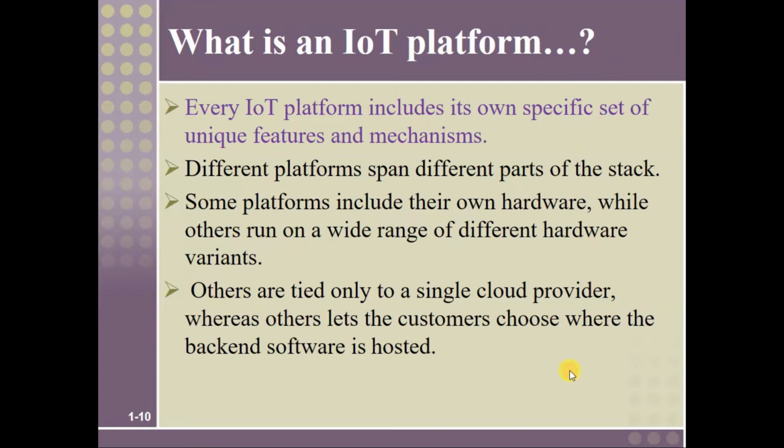Some platforms include their own hardware, while others run on a wide range of different hardware variants. Some platforms only run on specific hardware, while others have no specific requirements.